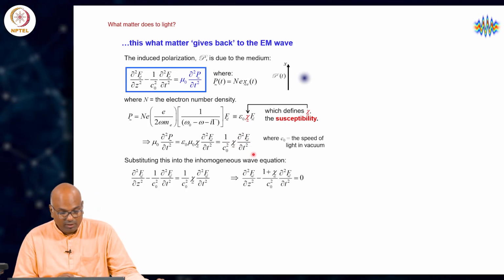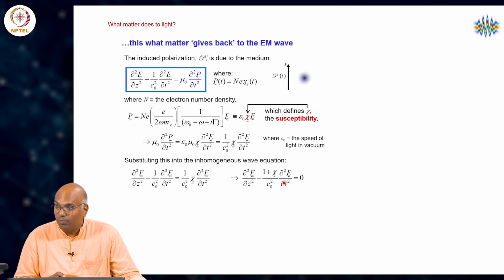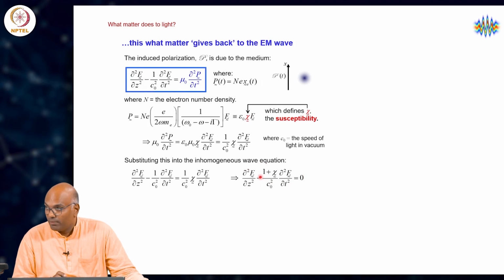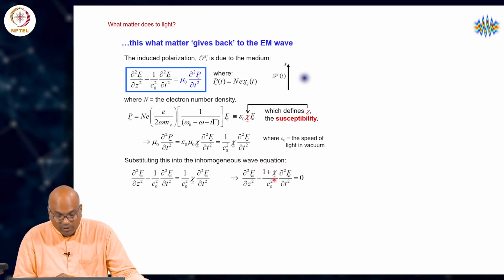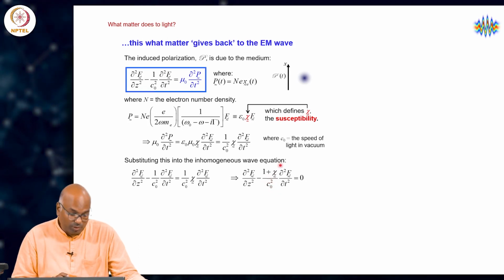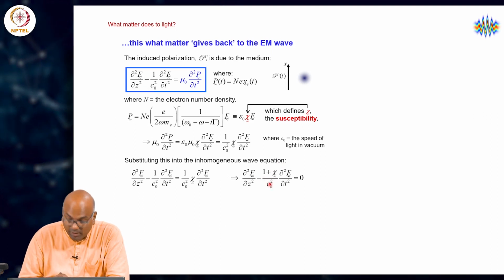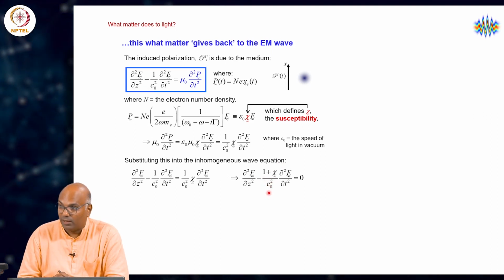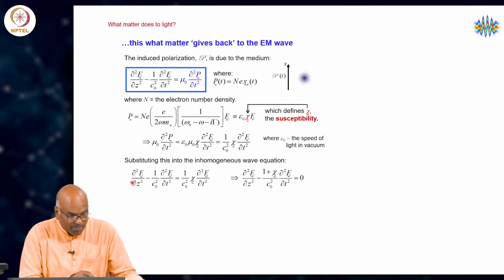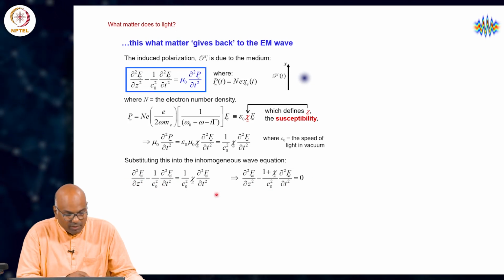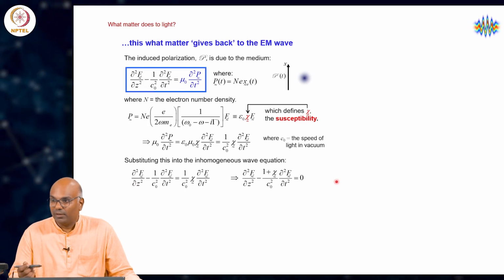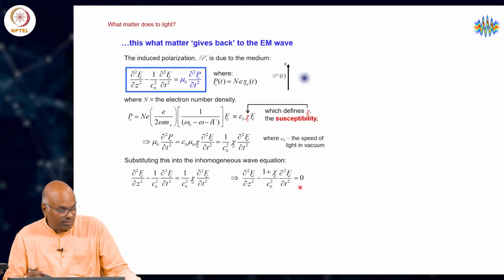If we do this, we retrieve the wave equation back with a new velocity factor, which is c naught divided by the square root of 1 plus chi. So, 1 plus chi plays the role of the conventional refractive index. In this case, this merely becomes a propagative effect where the wave velocity is modified by some factor. That is all we have learned from this exercise.